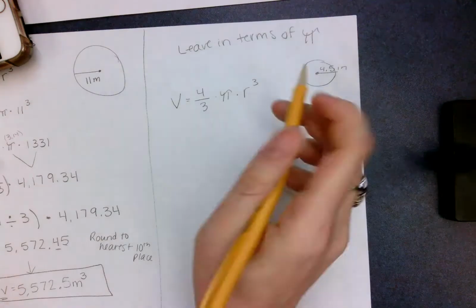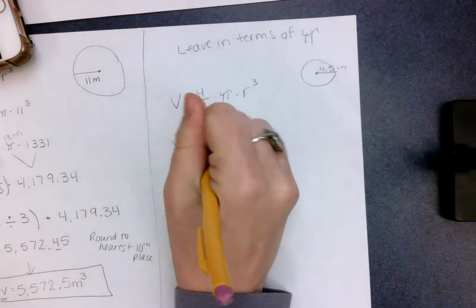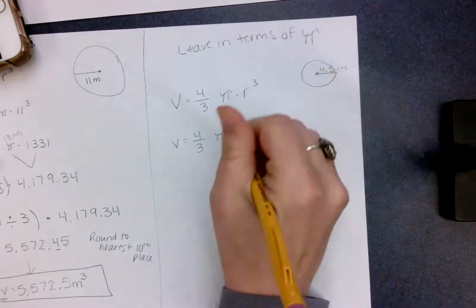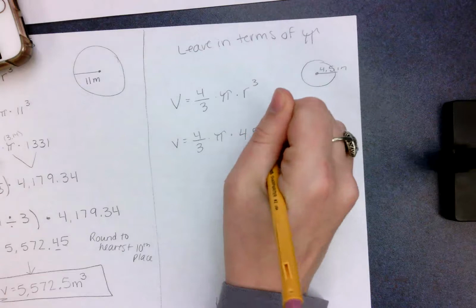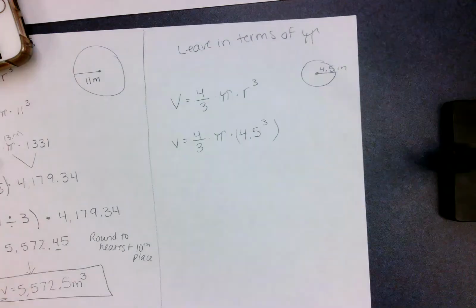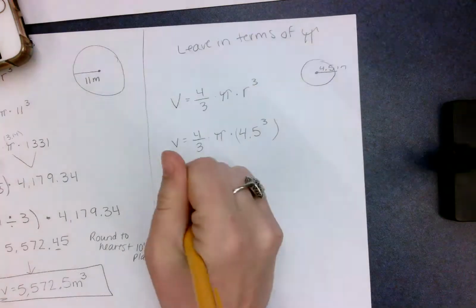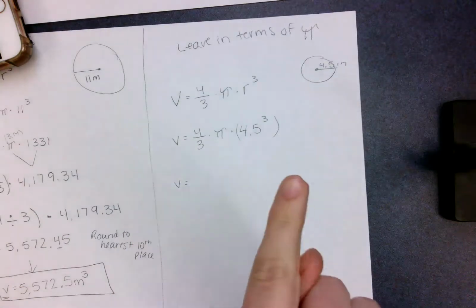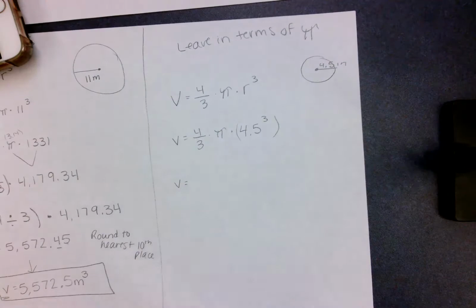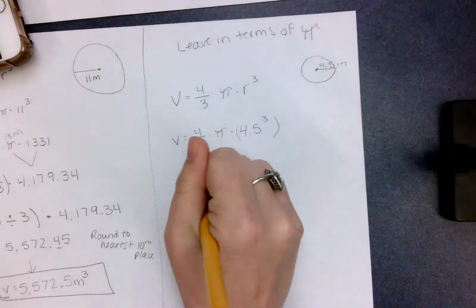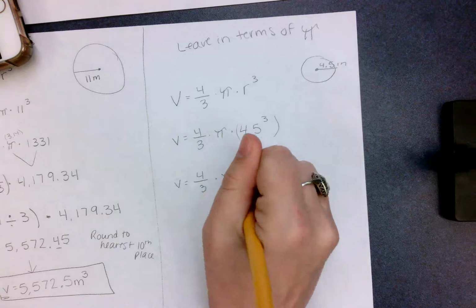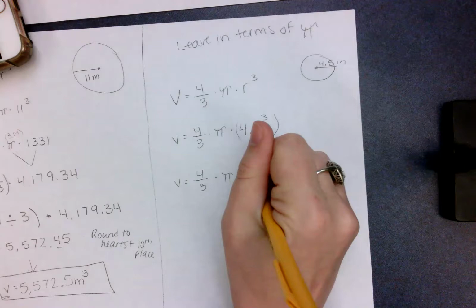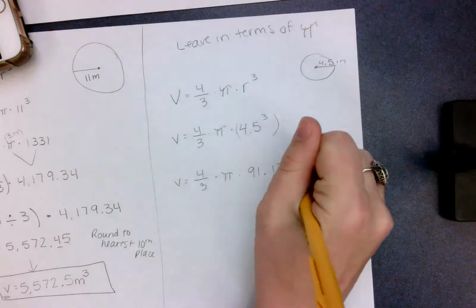Then we plug in what we know. Volume equals 4 over 3 times pi times radius, which is 4.5 to the third power. So you can put that into your calculator or use mental math to think 4.5 times 4.5 times 4.5. Rewrite everything else. And 4.5 to the third power is 91.125.